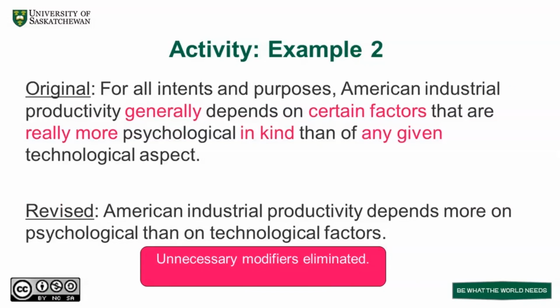It's very vague. There's a lot of synonyms and redundancies in that example, where we could be a lot more to the point in a revised version. American industrial productivity depends more on psychological than on technological factors. So we've removed those unnecessary modifiers.